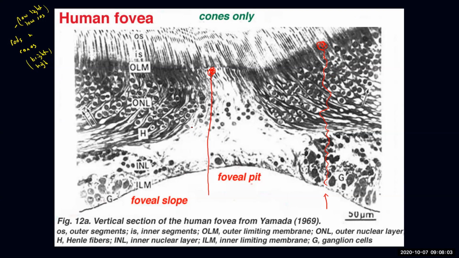So by pushing all those cells, all those axons, all that stuff aside, I create a direct path to the photoreceptors. Now, you can't do this indefinitely. Obviously, they have to go somewhere. So we have a small specialized region called the foveal pit where we have direct access to the photoreceptors.